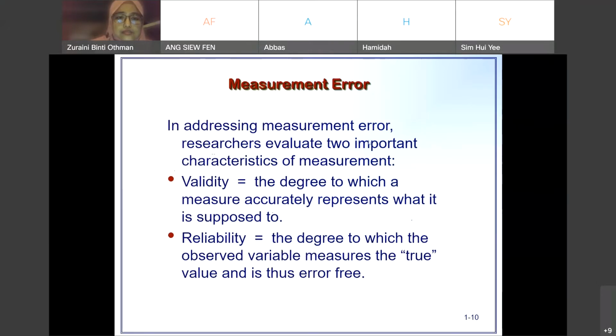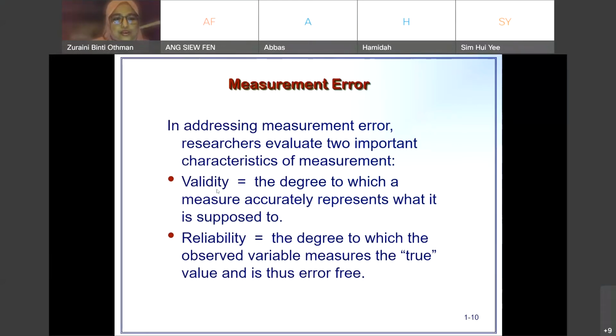In addressing measurement error, researchers evaluate two important characteristics. It is something like if you learned physics in secondary school.